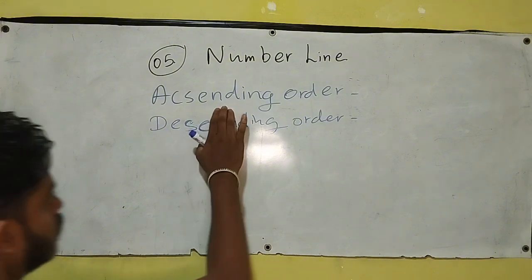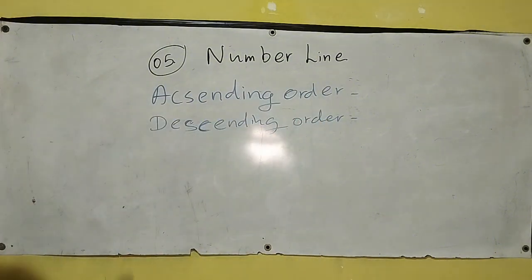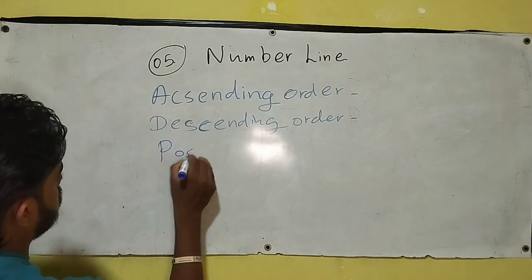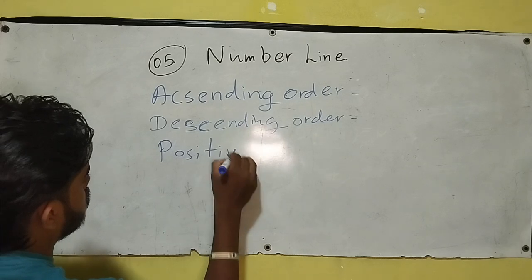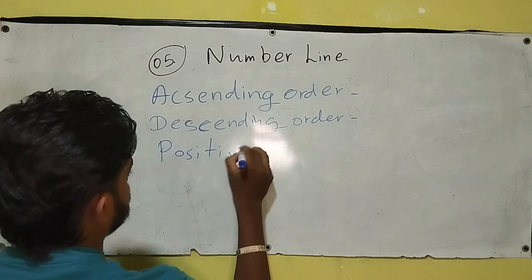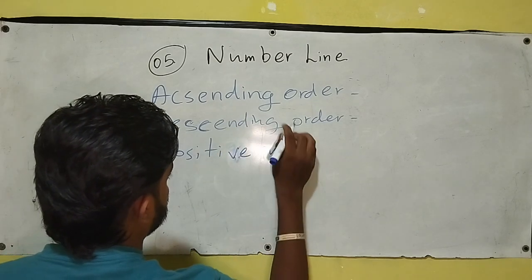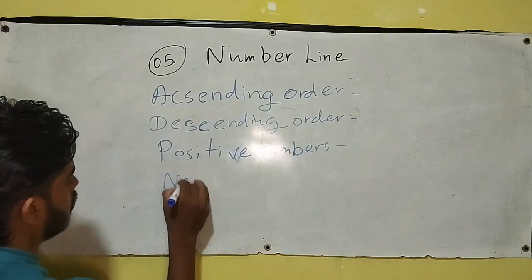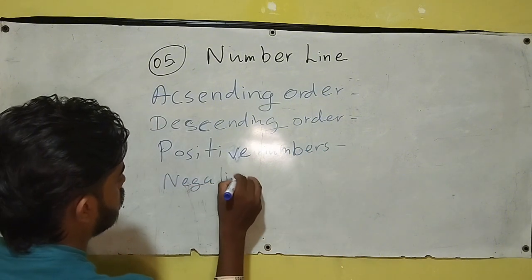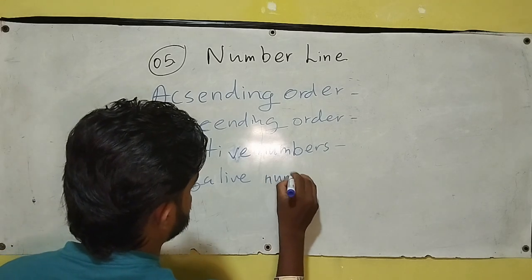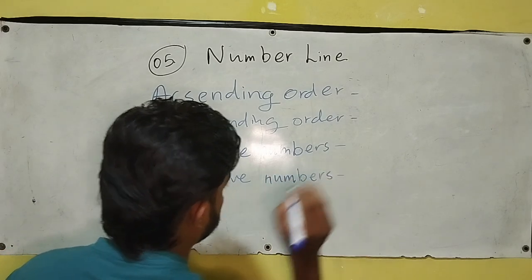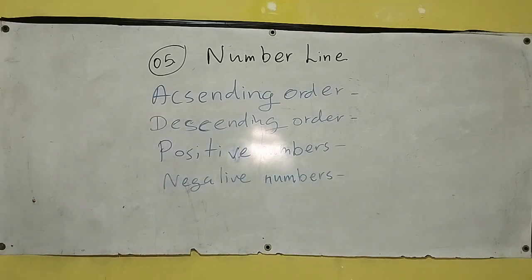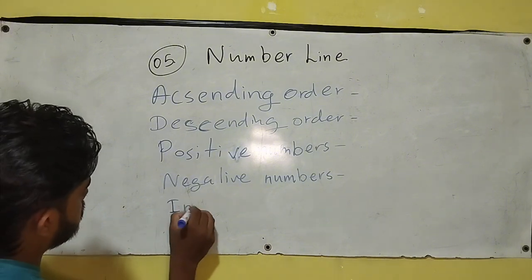Okay, ascending order, descending order. Positive number, negative numbers, next one, integers.